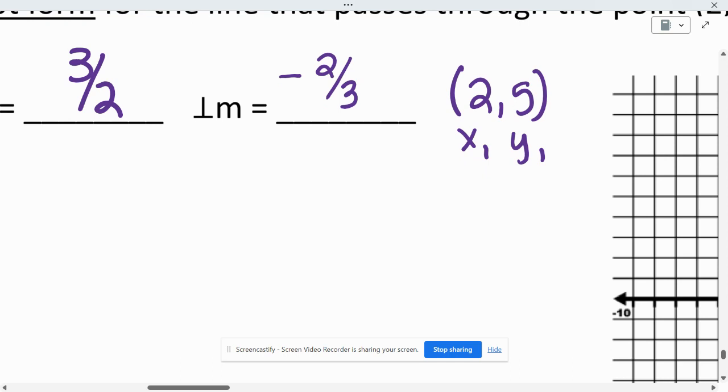Go ahead. So y minus 5 equals my slope. What's my slope? -2/3 times the quantity x minus x1. What's that value? 2.